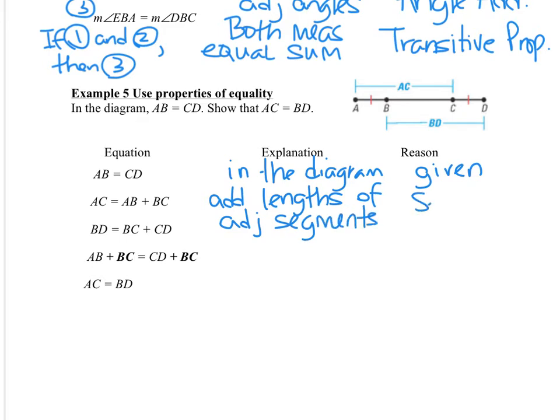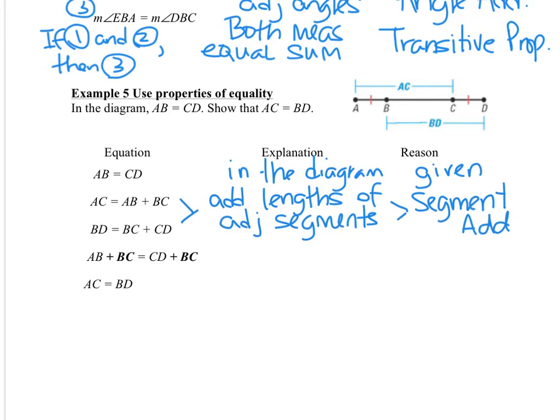So this is segment addition. What am I doing in the second one? Same thing. Okay? So save room, I'm just going to write. Just leave it there. So that would be written in the same line.